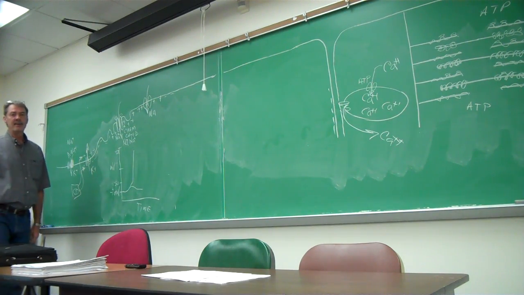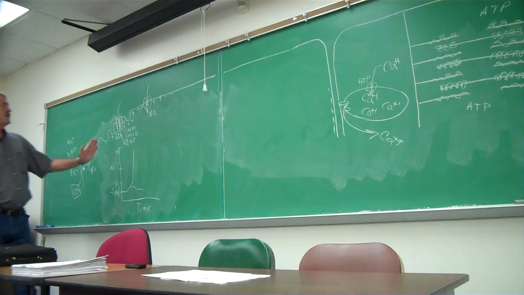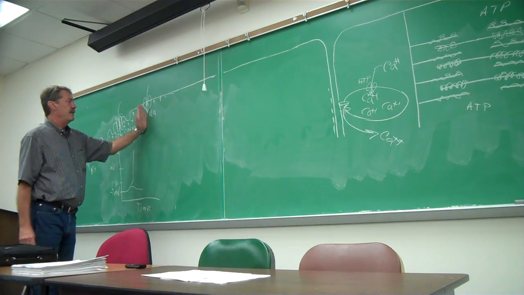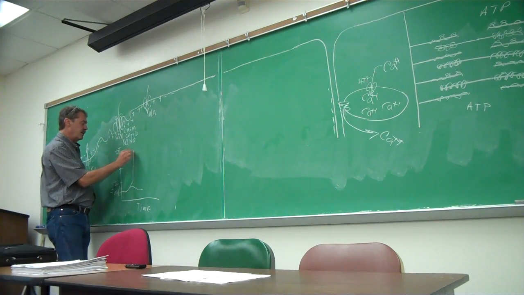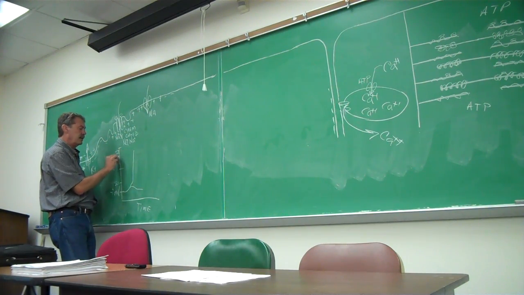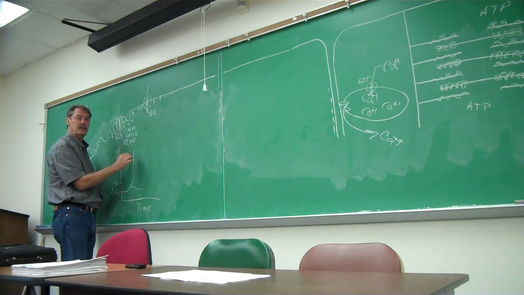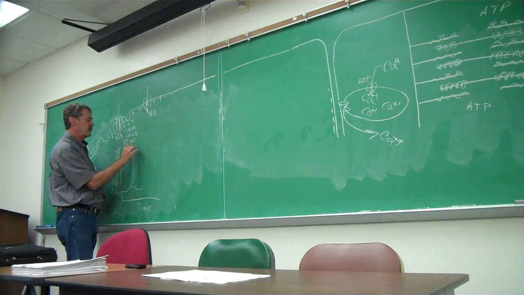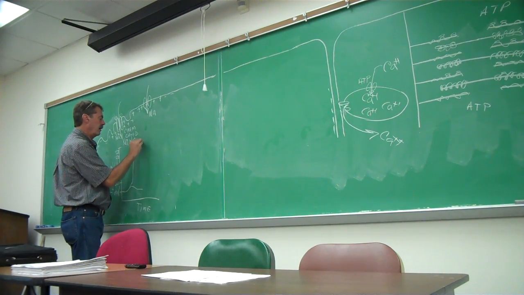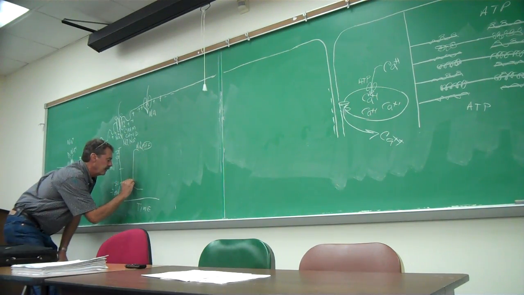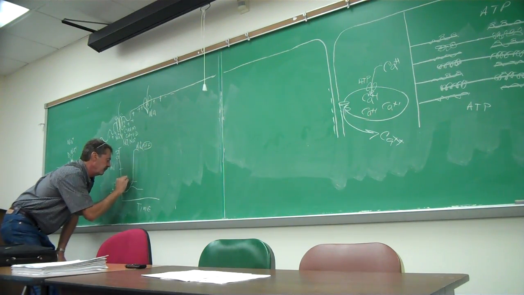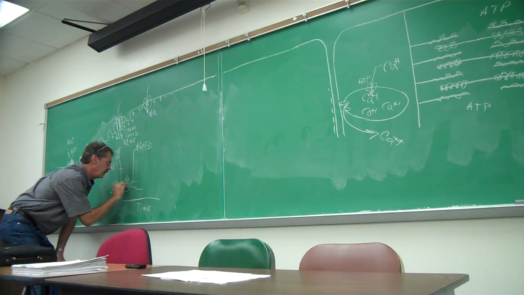Now that can't last forever. What happens is when these voltage sensitive channels get up to about plus 50, they shut off. And right here, I'm going to put sodium, voltage gated.